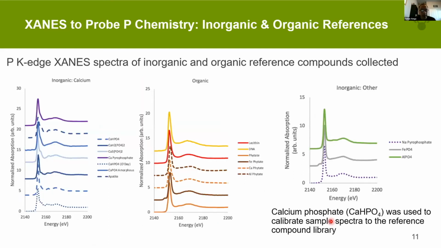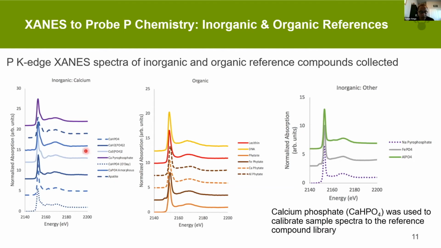So we wanted to understand the chemistry of the phosphorus solubilization in these samples, and to that end we did XANES at beamline 10.3.2 along with the microfluorescence. First, we collected standard spectra of a bunch of standard compounds, organic and inorganic, so that we can later fit them.